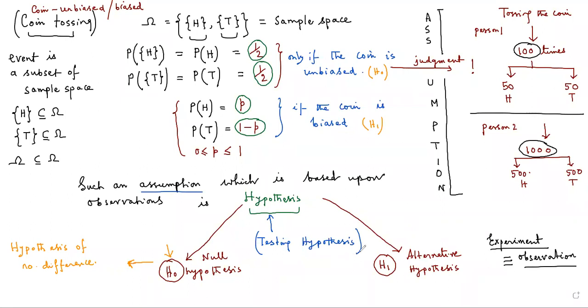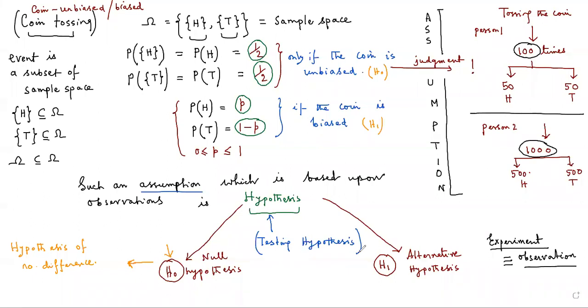Okay, so this is all about it. The declaration of the coin to be unbiased, or the die to be unbiased, or a pack of cards to be unbiased, all these situations are actually based upon my sample survey, my observations, which I have performed many a times. And on the basis of that, I am putting the assumption in front of everyone.